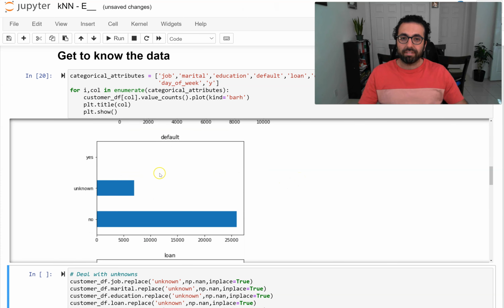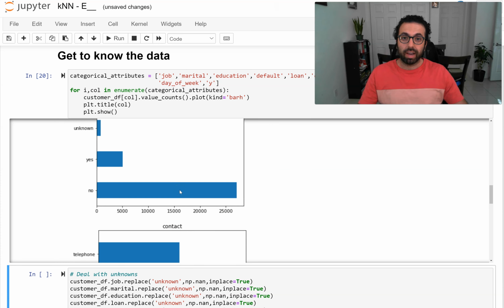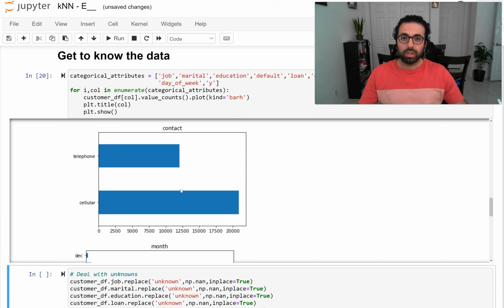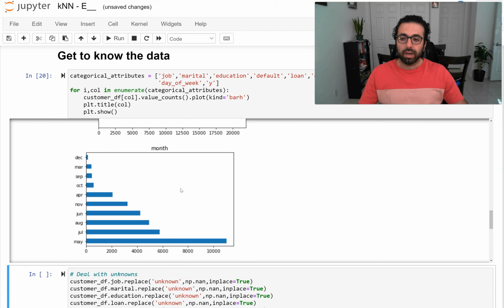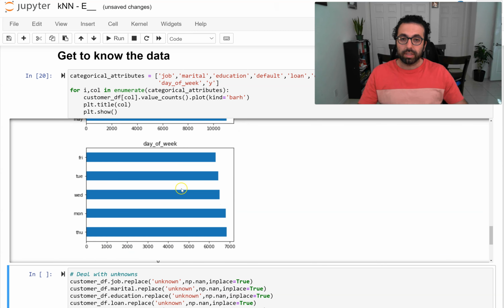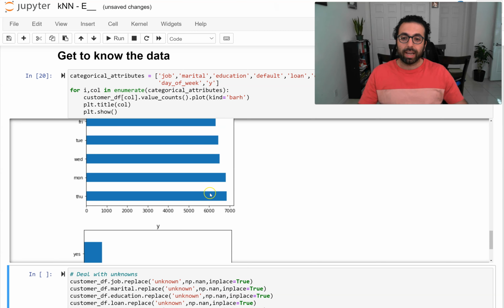We have if they have had default or not, and we look at if they have had a loan or not, and what type of contact we did for them for this marketing campaign, the month we did this campaign, the day of the week that we have been contacting, the last time we have contacted the customer, and if the customer decided to subscribe or not, right? So these are the categorical attributes in this data.